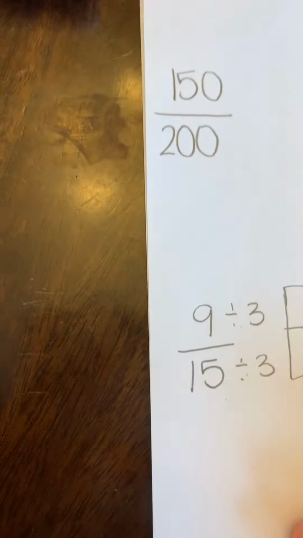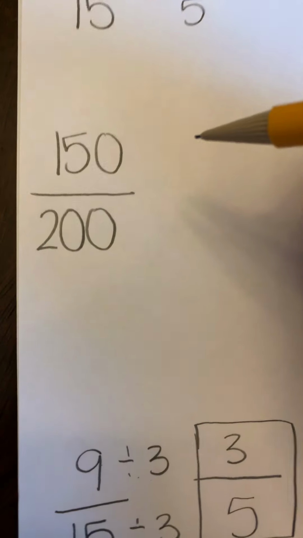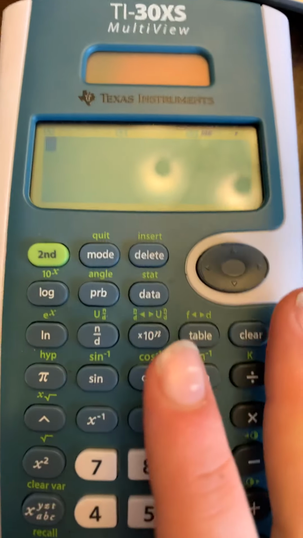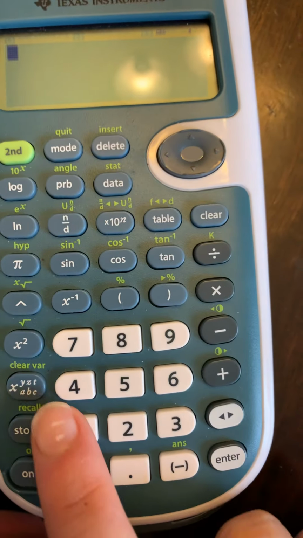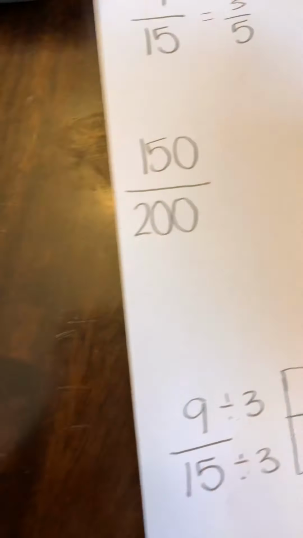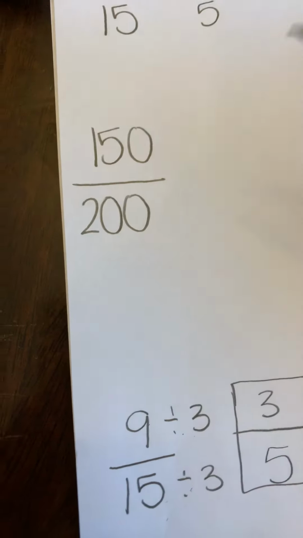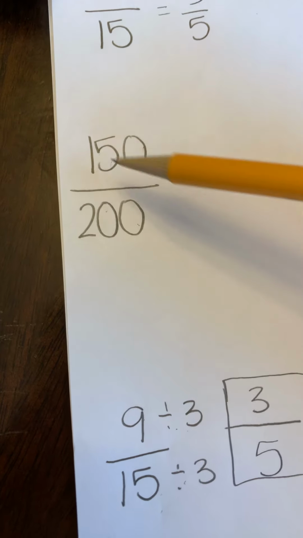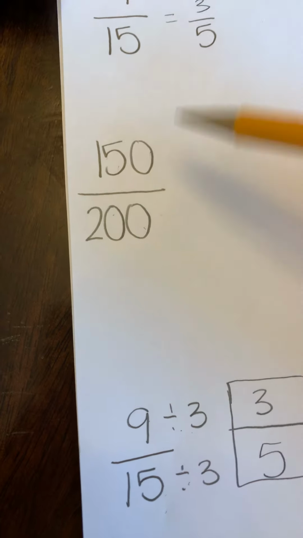Let's do one more. This one's going to be one of the bigger numbers, one of the harder ones, but I'm going to show you how to make it easier. Again, you can just plug this number into your calculator, but before we do, let me show you how to do it on paper. When I line these numbers up, I have 150 over 200.